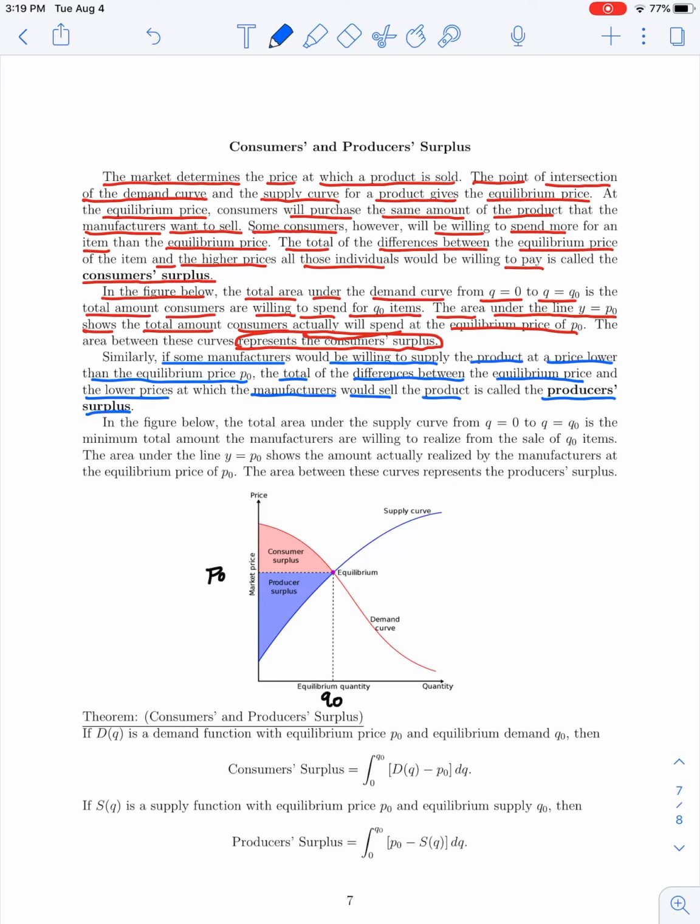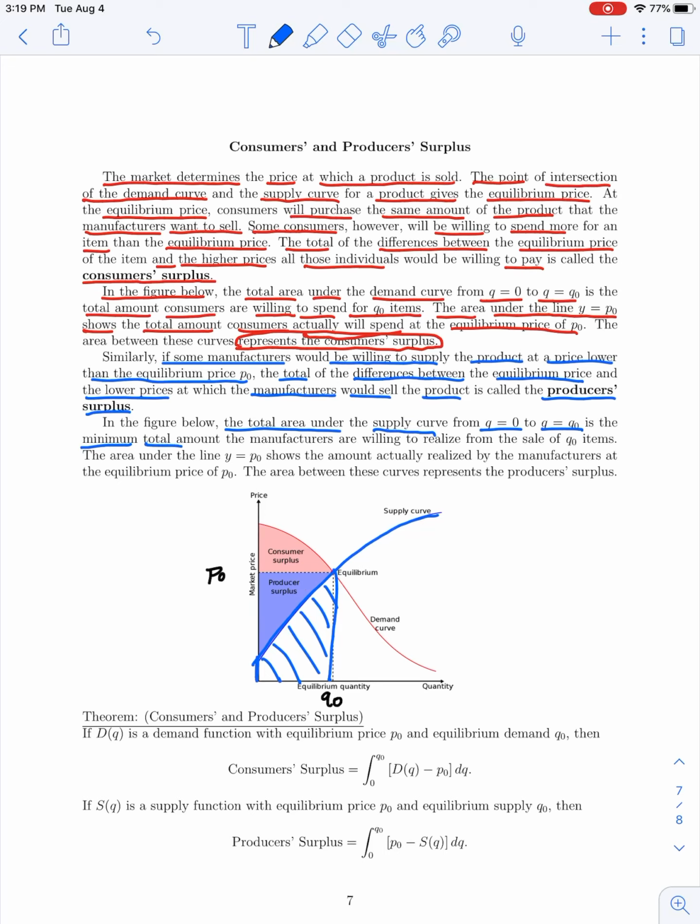So in the figure that we've shown below, if we consider the total area under the supply curve, which was the curve shown in blue, from Q equals 0 up through Q equals Q naught, so that is this area.